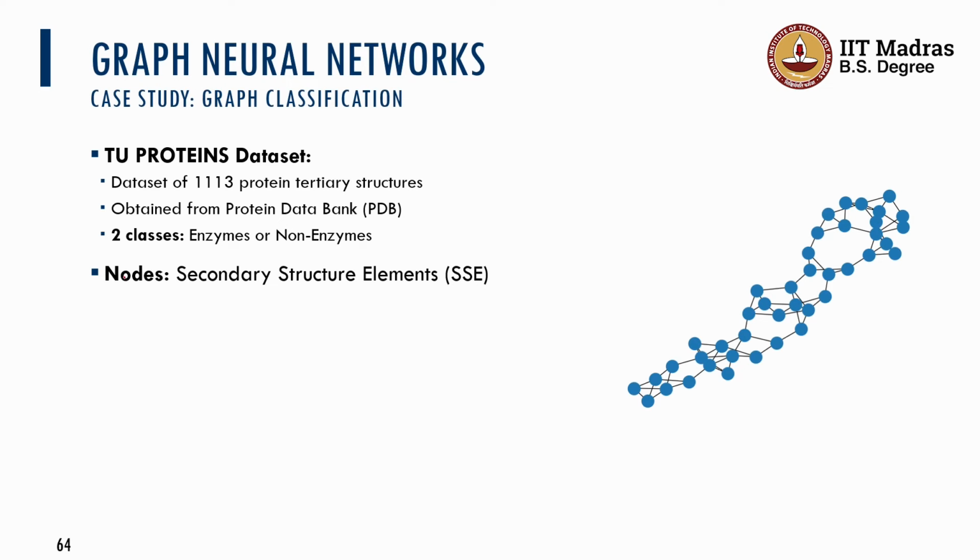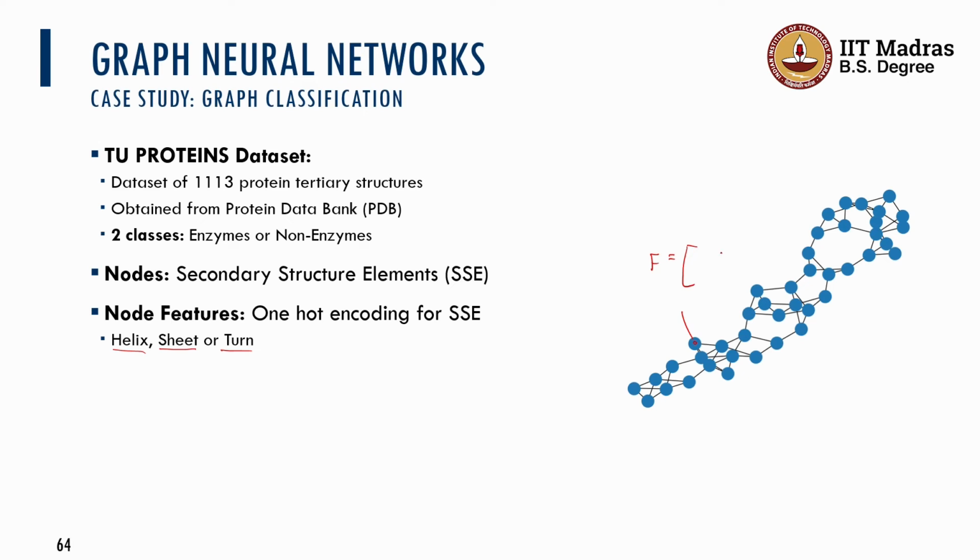Here, we are going to use nodes as secondary structure elements, SSE, and node features. So each node can have a different kind of secondary structure element, which is helix, sheet, or turn. So if I take a node feature F here, it is actually a one hot encoding of helix, sheet, or turn.